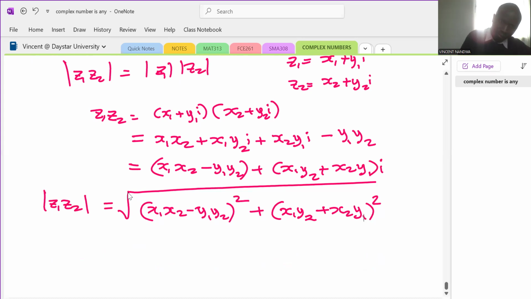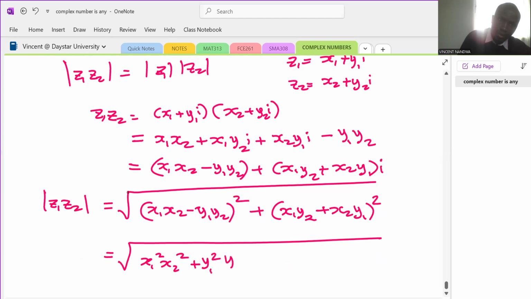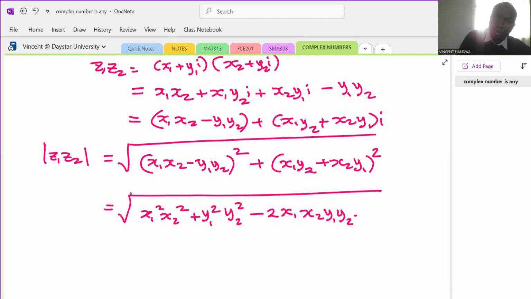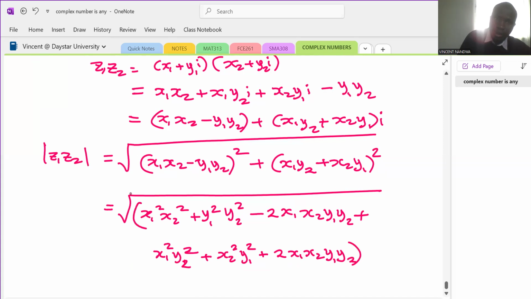And this is the same as x1 squared x2 squared plus y1 squared y2 squared minus 2 x1 x2 y1 y2, the expansion of the first bracket, and then plus x1 squared y2 squared plus x2 squared y1 squared plus 2 x1 x2 y1 y2. So all these are under the square root sign.